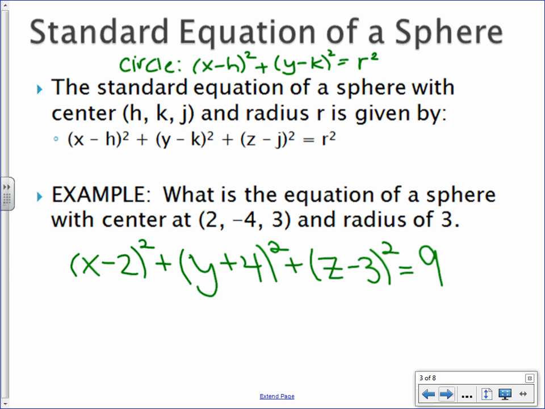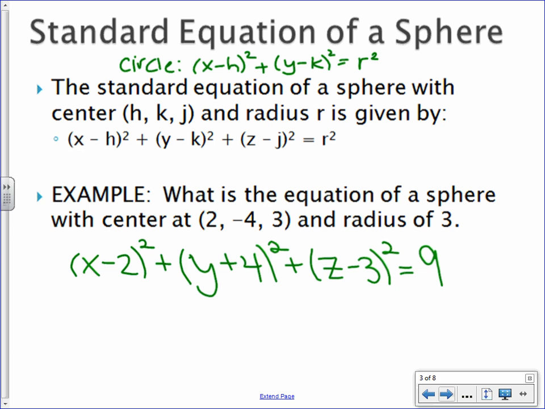Okay. Now, you will be asked to write the equation of a sphere given different information. Here I gave you the center and the radius. Okay? If you were given the diameter, what would you have to do? Divide it by 2. Okay?